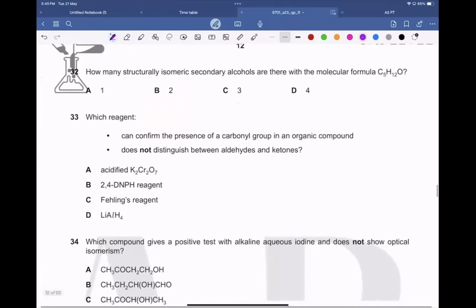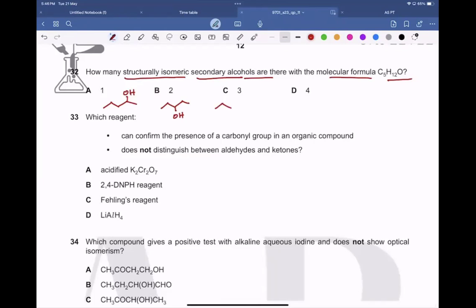Now, question number 32. How many structurally isomeric secondary alcohols are there with the molecular formula C5H12O? So see, they are asking for the secondary alcohols. So 1, 2, 3, 4, 5 carbons. So pentan-2-ol, 1, 2, 3, 4, 5 carbons. Pentan-3-ol. Then 1, 2, 3, 4, and I put a side chain and then OH.